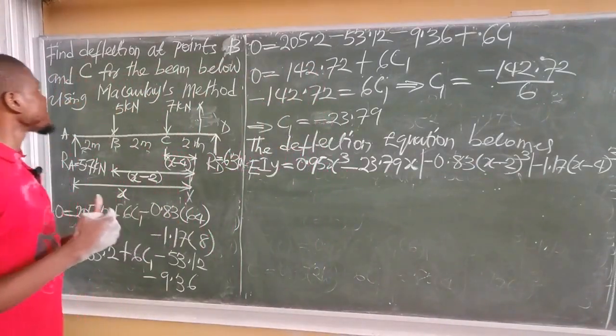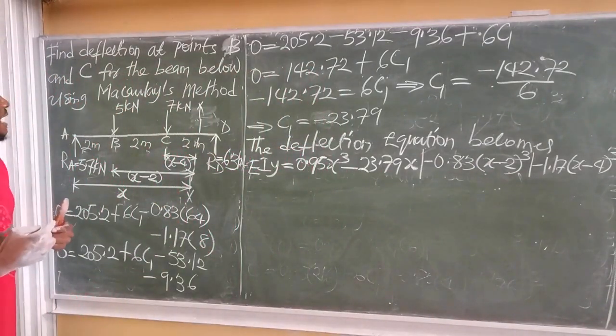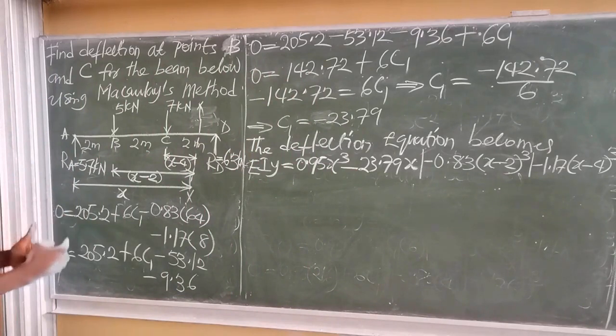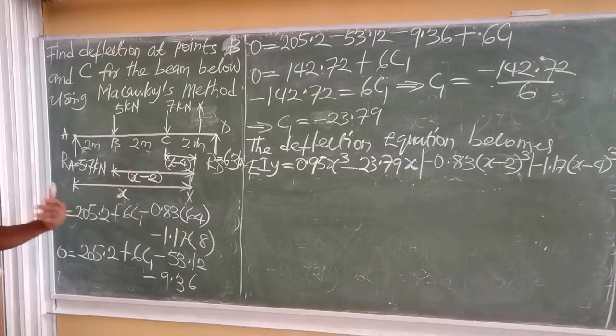Now the question says find the deflection at points B and C. So they are asking us to find the deflection at point B and also at point C. At point B, what is the value of x?